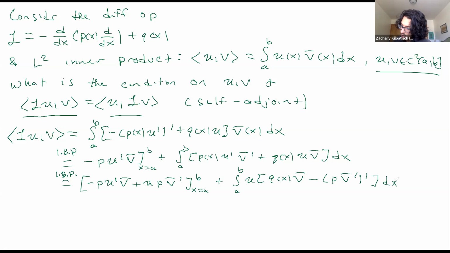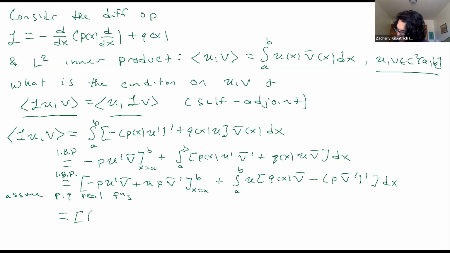Okay? So now I'm going to assume that P and Q are real functions, so that I can pass this conjugate through essentially, so that it won't affect things. And I can rearrange my boundary terms a bit.